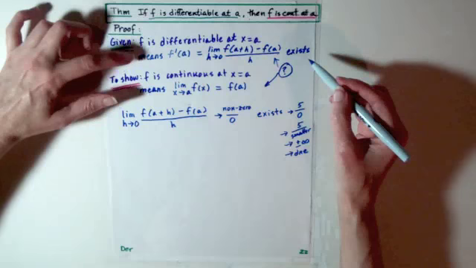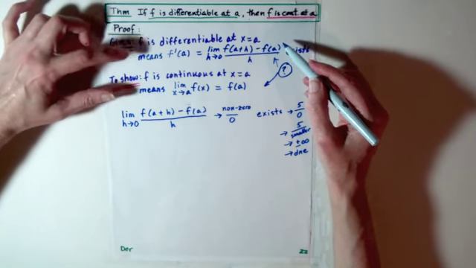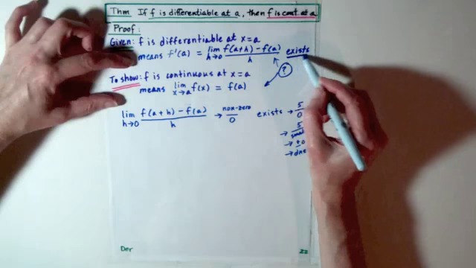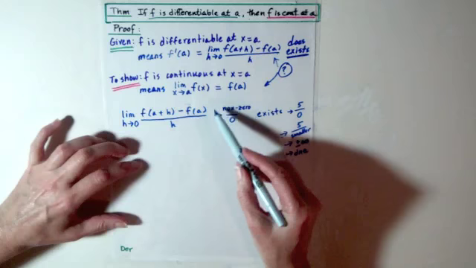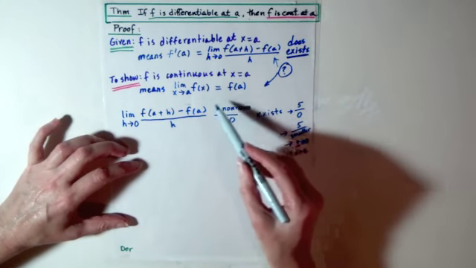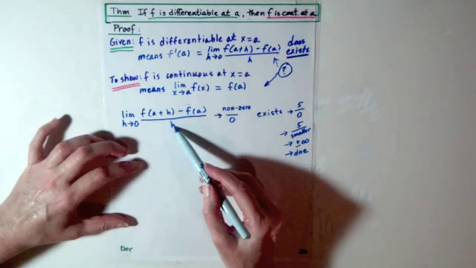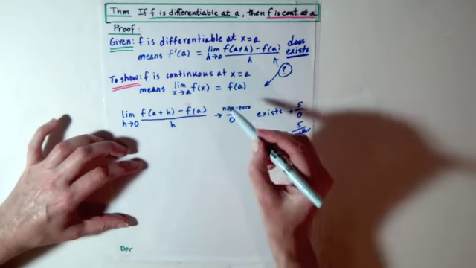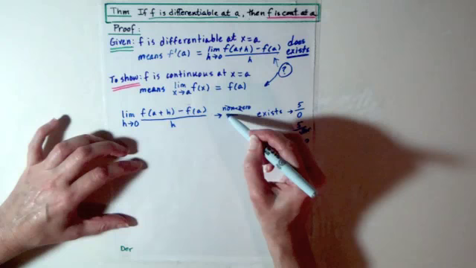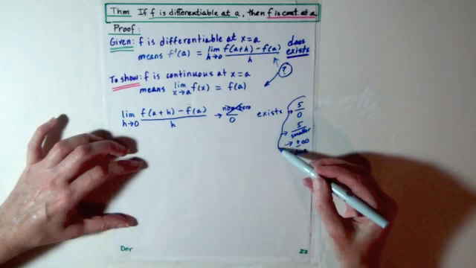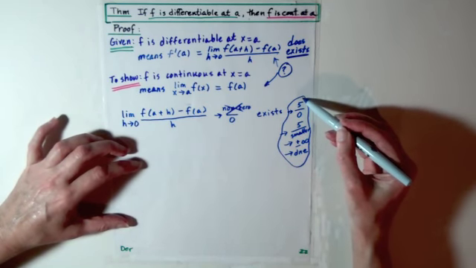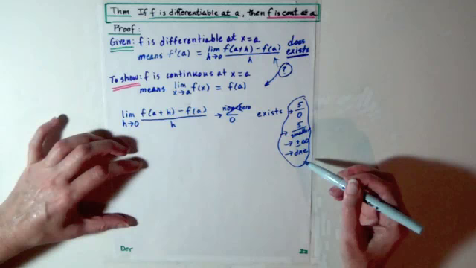But we are told that f is differentiable at x equal a, and we said that means that this limit does exist. So this scenario that I made you think about can't possibly happen. We know the bottom is approaching 0. The top cannot be approaching something that is non-zero, because if it is, we get into this situation we discussed here, and the limit would not exist.